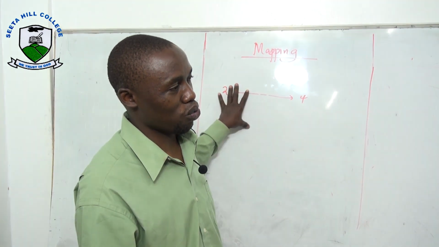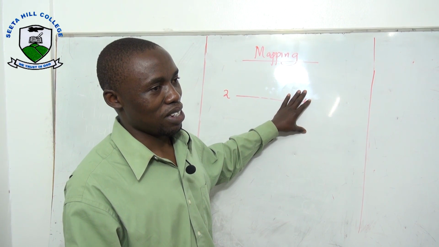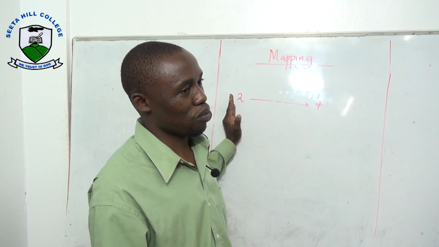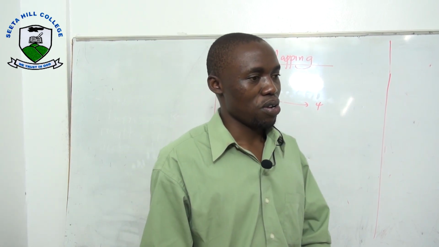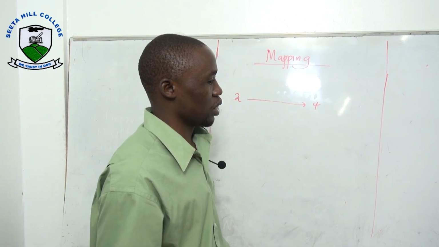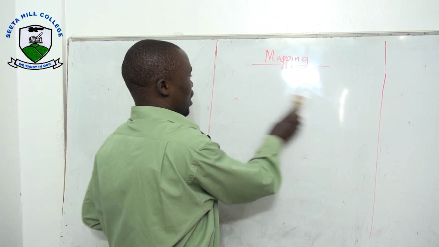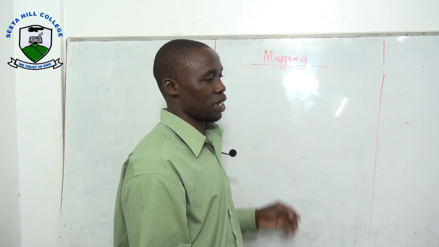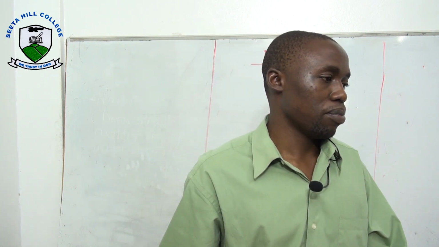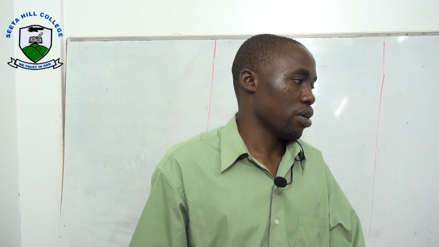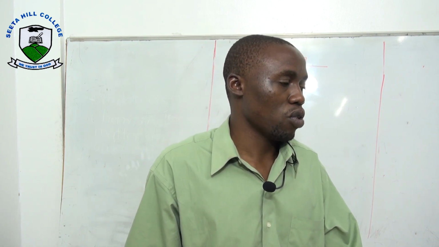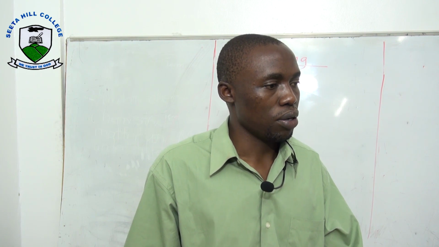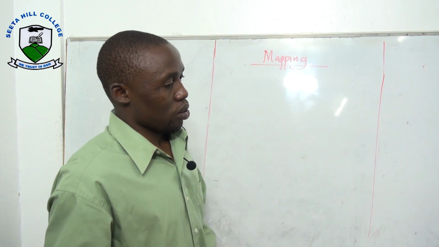What are we trying to do to get 4? That means a mapping is a relation which transforms objects from one set to another, which takes objects or elements from one set to another set using a certain rule. Using a certain rule. Okay.